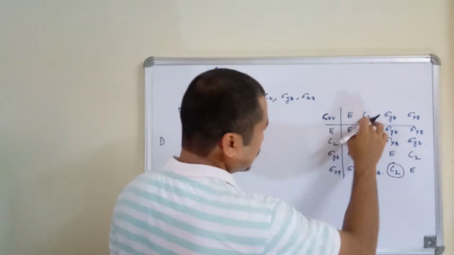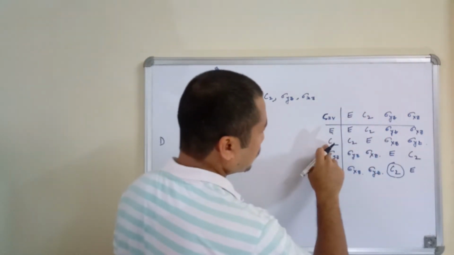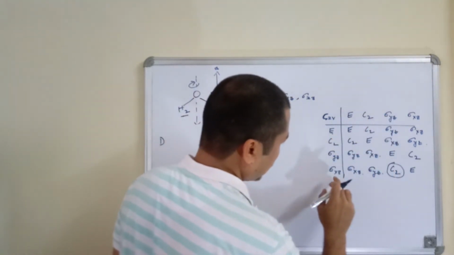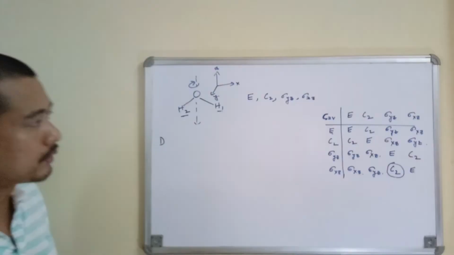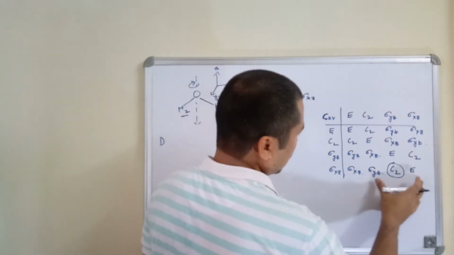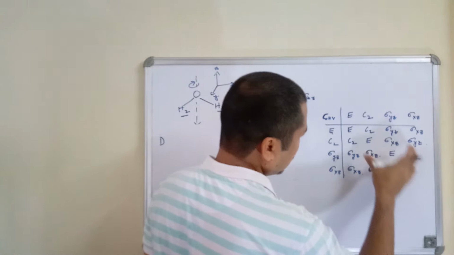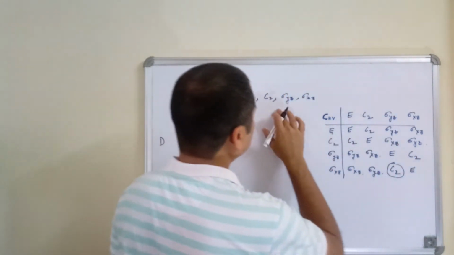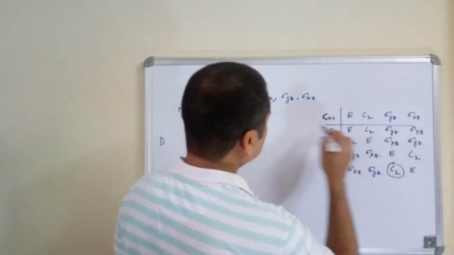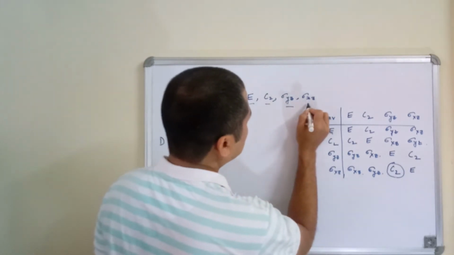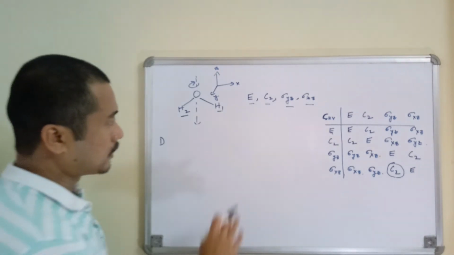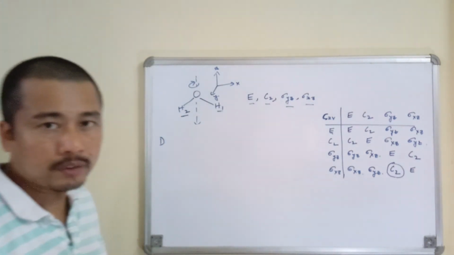For example, we have found out the product of C2 with C2, sigma yz with sigma yz itself, sigma xz with sigma xz itself. All the products as well as all the squares are symmetry operations which appear in the C2v point group. That is, the results of multiplications are either E, C2, sigma yz or sigma xz, which are elements of the group. So rule number 1 is satisfied by this combination of symmetry operations.